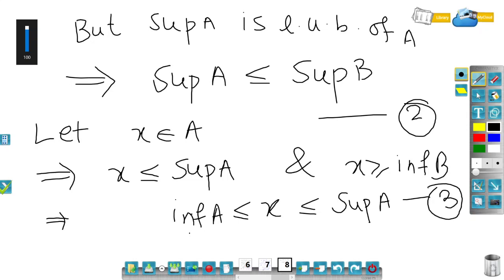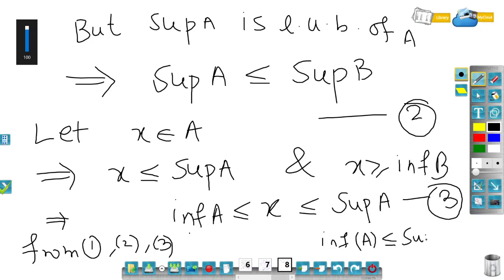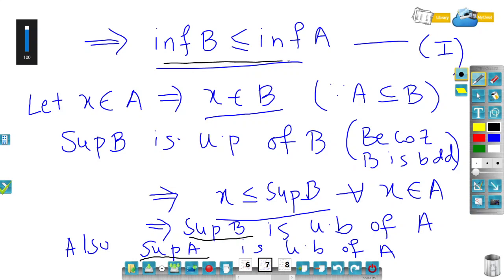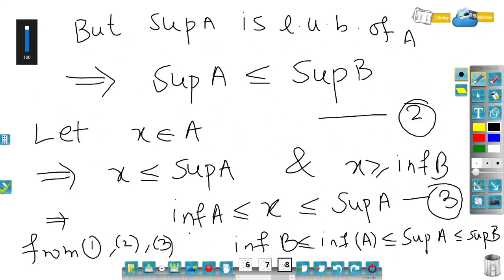So if I club 1, 2, 3, we can see that infimum B is less than or equal to infimum A, which is less than or equal to supremum A, which is less than or equal to supremum B. So this completes the proof.